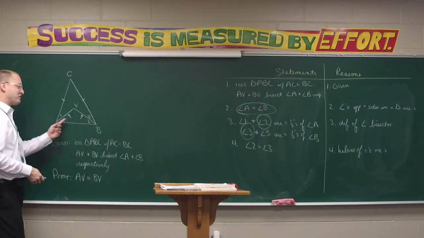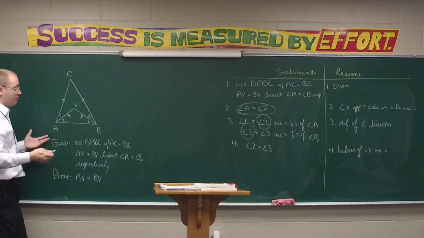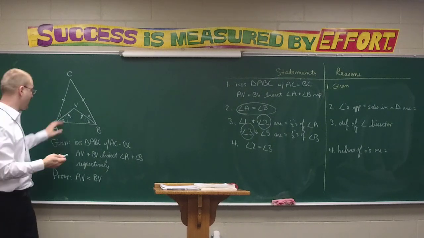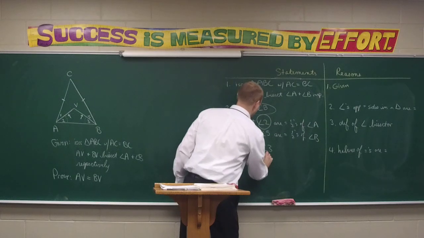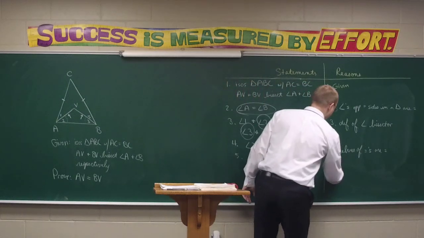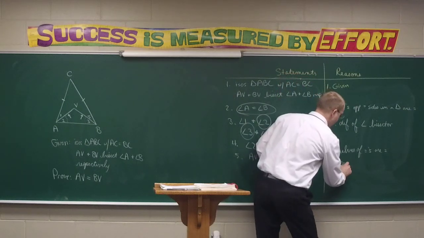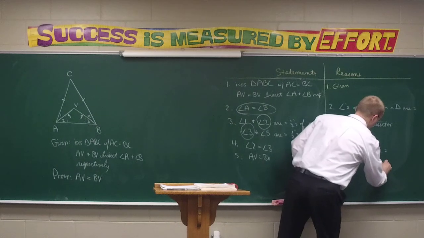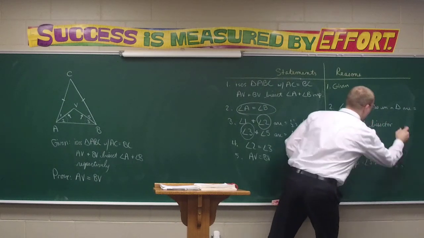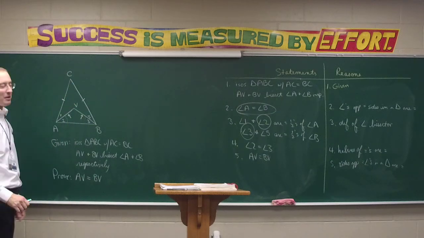And therefore, if I have two equal angles in the same triangle, ABV, then the sides are equal. So number 5, we can say that AV and BV are equal to each other, because now the converse of our reason number 2: sides opposite equal angles in a triangle are equal. And there we go. 5 steps, and we've got it.